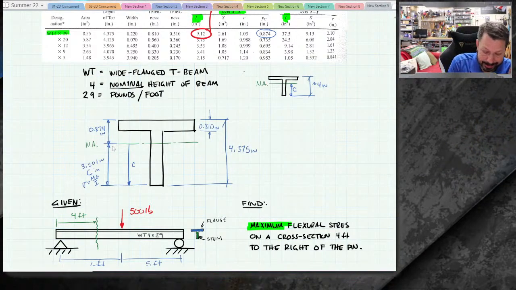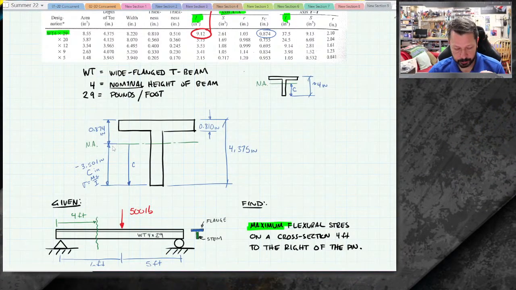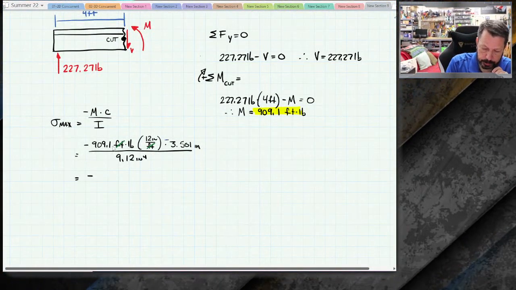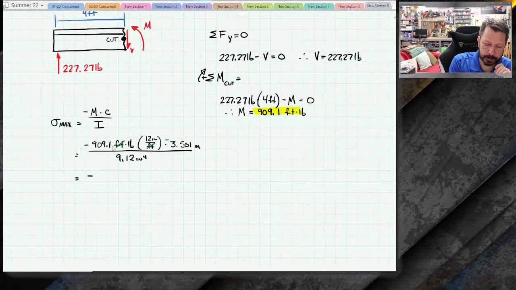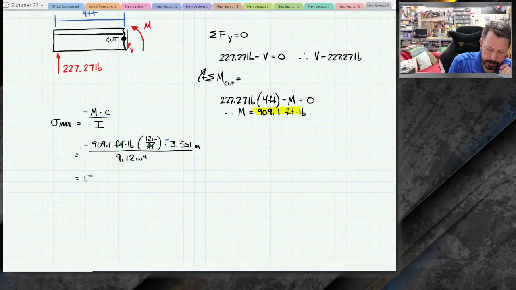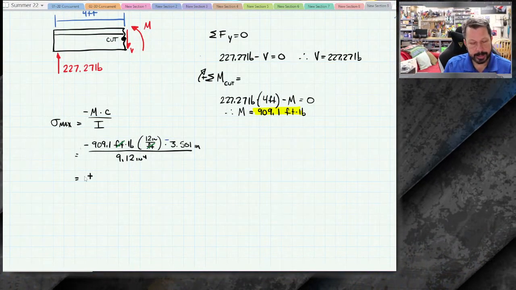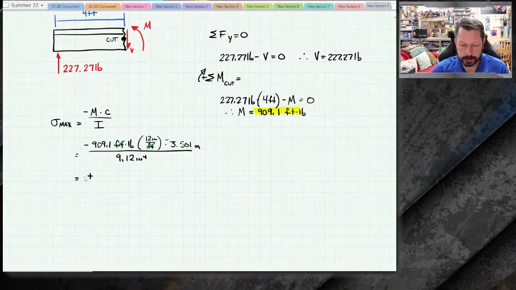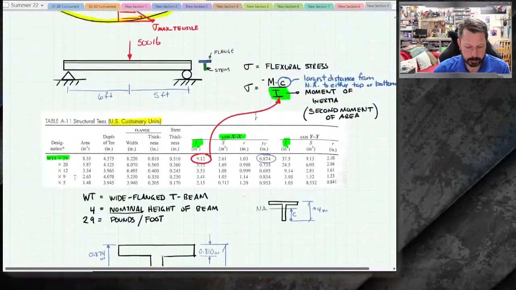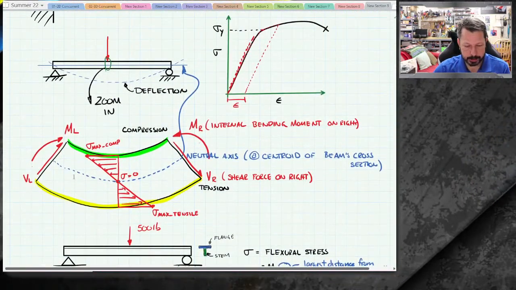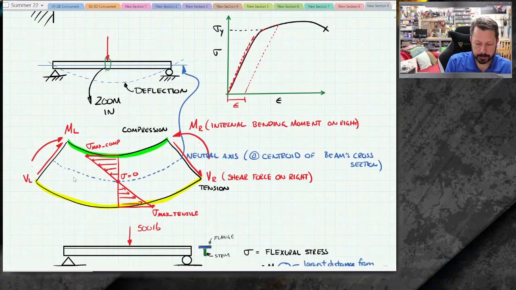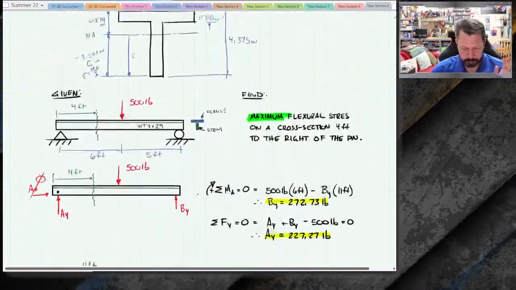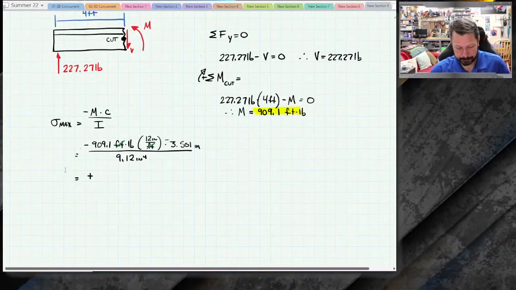So this is actually negative 3.501. So that negative times the negative that's built into the equation actually makes this number positive. And that positive means tension. So it's a tensile stress, which we already knew. When our beam bends downward, the bottom gets longer and it's in tension. So we already knew that, but now our equation actually says that.